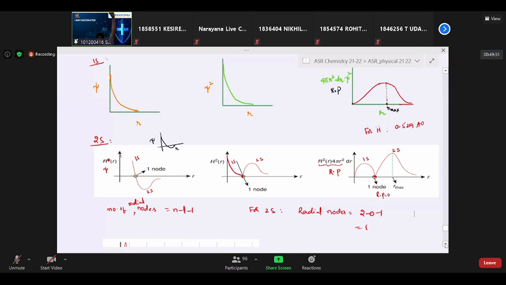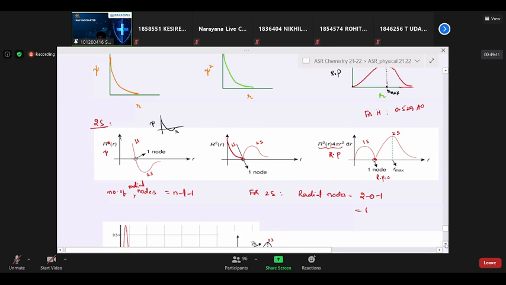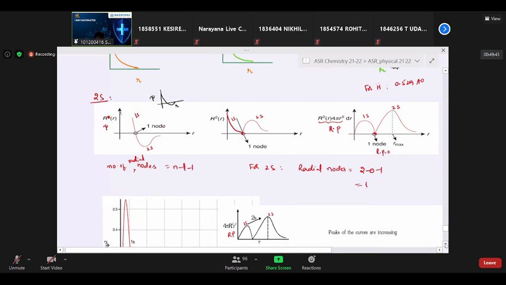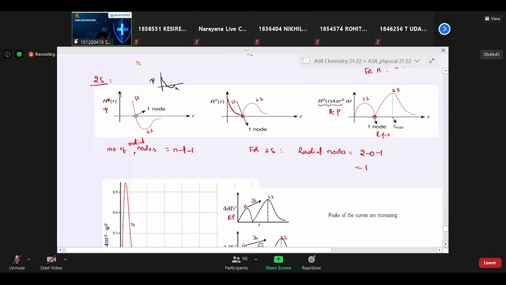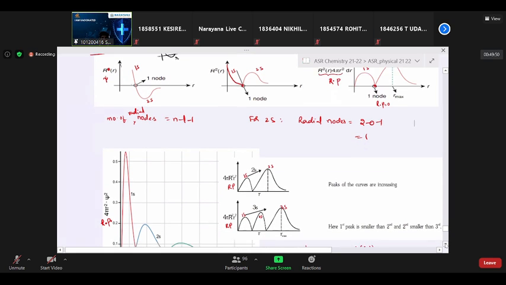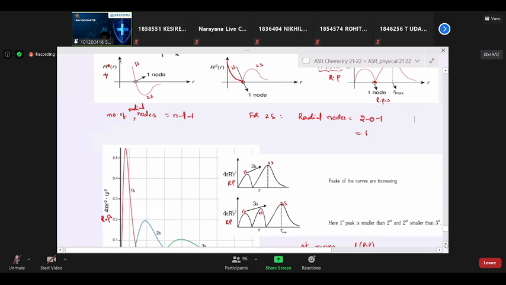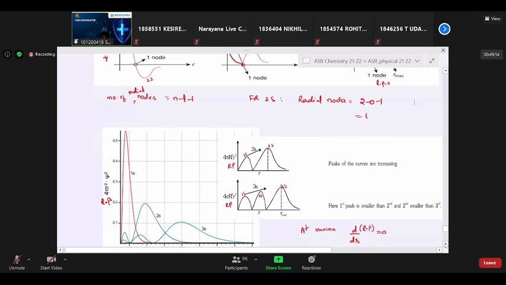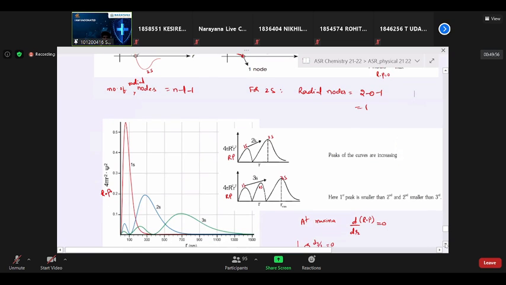Psi square: positive to 0, and 0 to maxima, again approaching 0. Then the radial probability graph. These are the graphs indicating 1s, 2s and 3s representation.